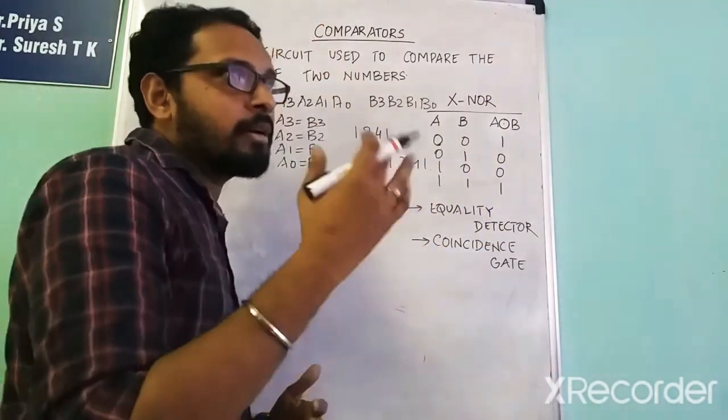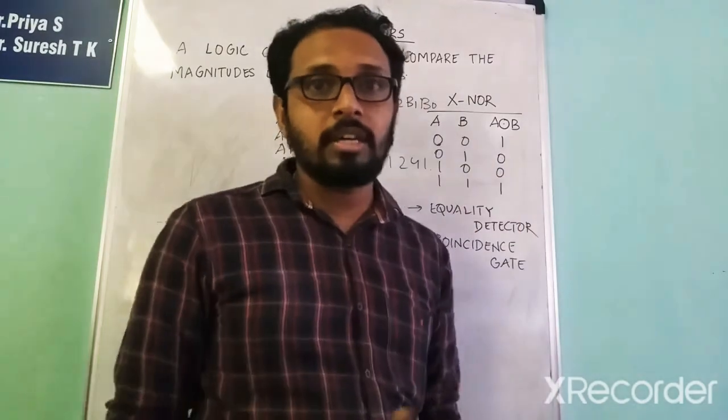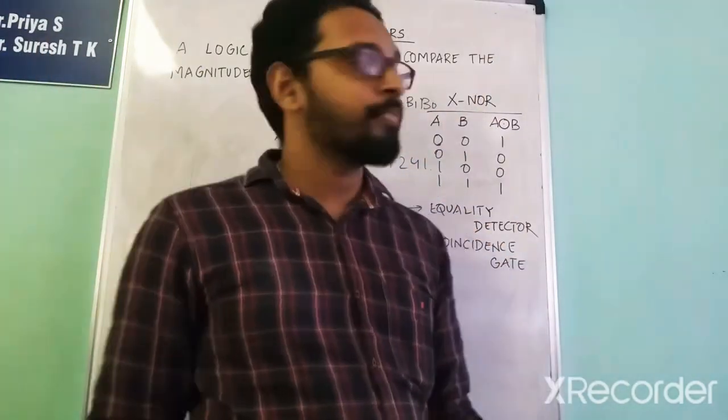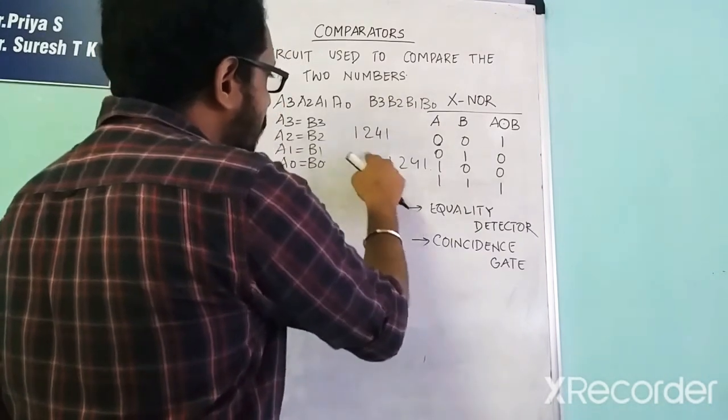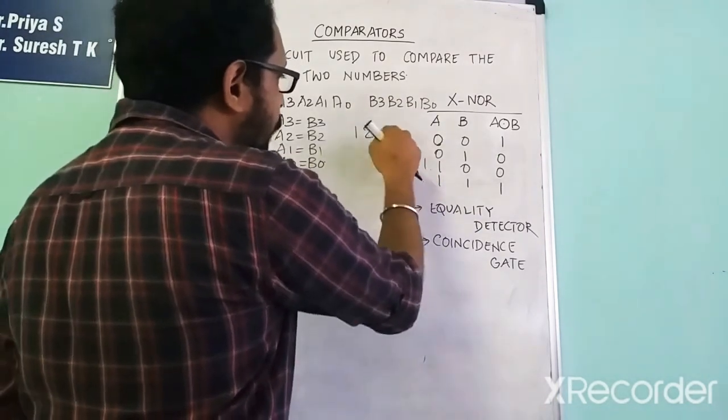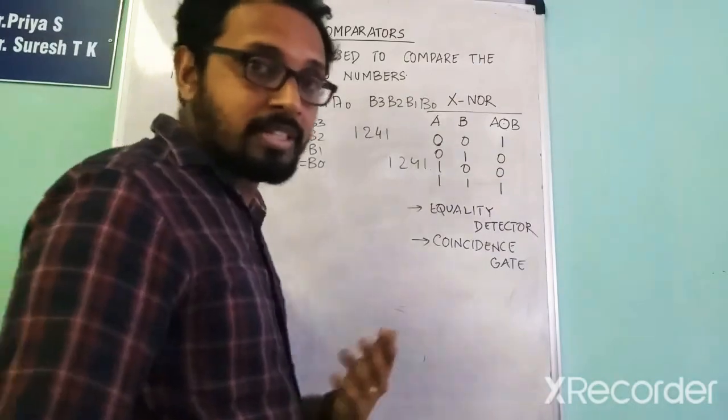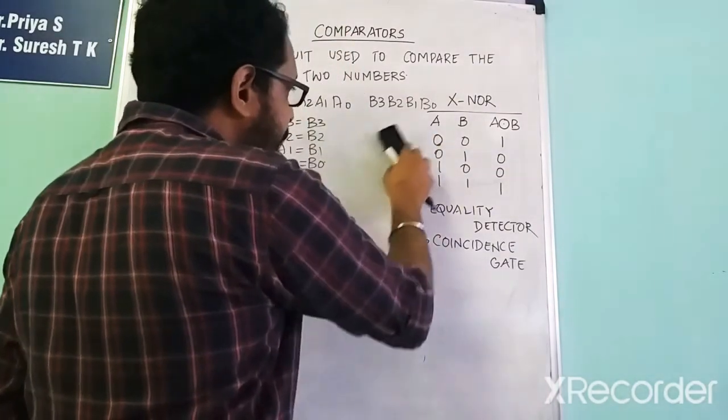When we compare two numbers and they have the same magnitude, we compare A3 with B3, 1 with 1, 2 with 2, 4 with 4, 1 with 1, and we say those two numbers are equal.